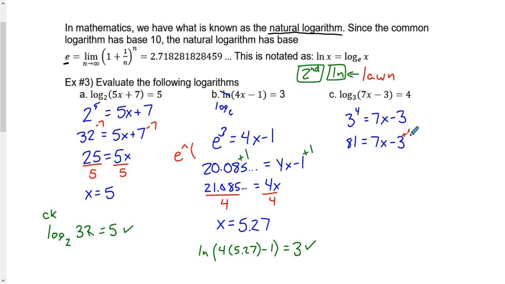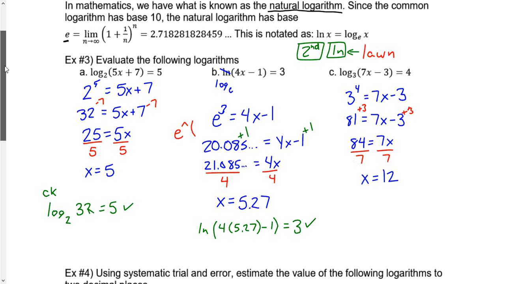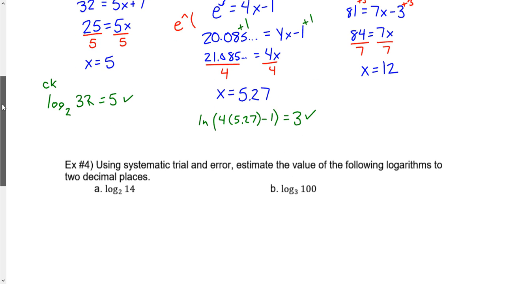So I add the 3. 84 is 7x, divide by the 7. X should come out as 12. I just have to type that into my calculator to double check. All right.